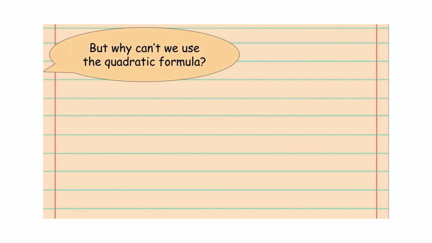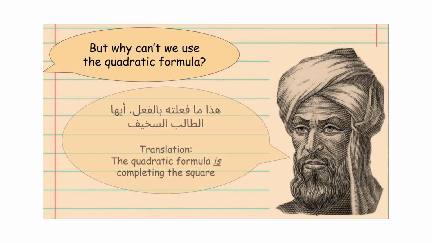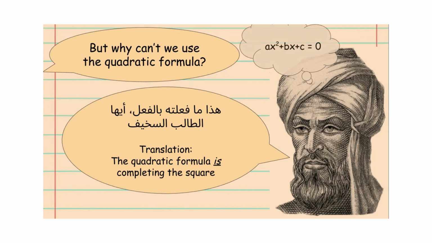Now, you may have a question at this point. Why can't we just use the quadratic formula? Well, Al-Khwarizmi might say, silly student, the quadratic formula is completing the square. If you took a generalized quadratic equation and solved for x using completing the square, you would get the quadratic formula.